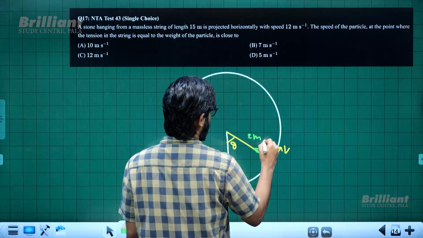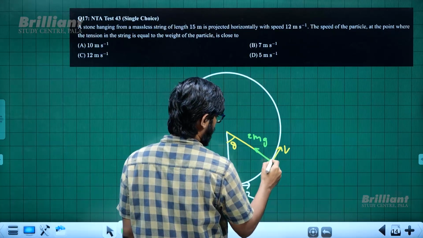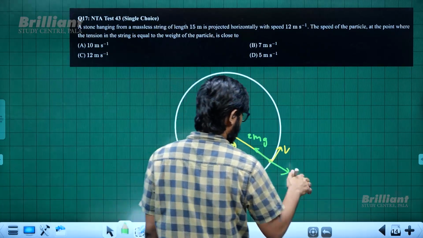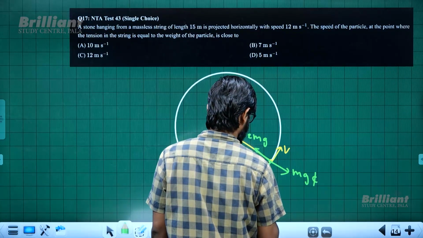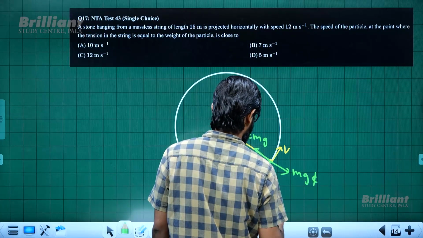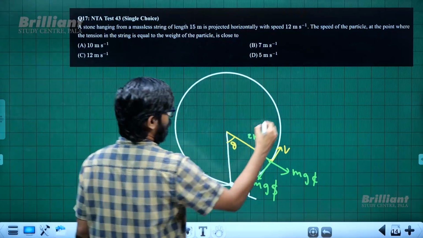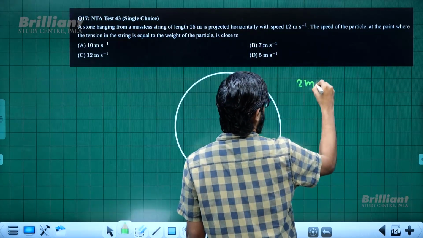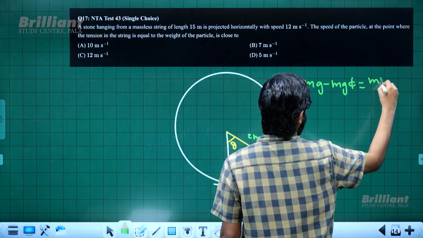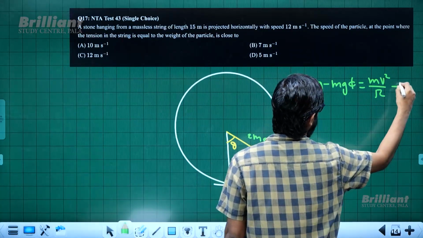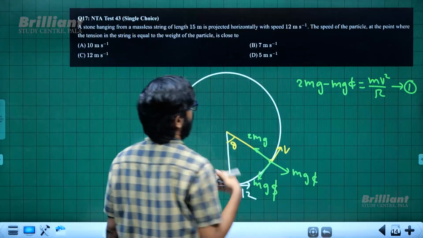So tension is 2 mg. Now mg will be there, but I will be taking the components mg cos theta and mg sin theta. Now centripetal force will be 2 mg minus mg cos theta, that equals m v square by r. This is the centripetal force equation.